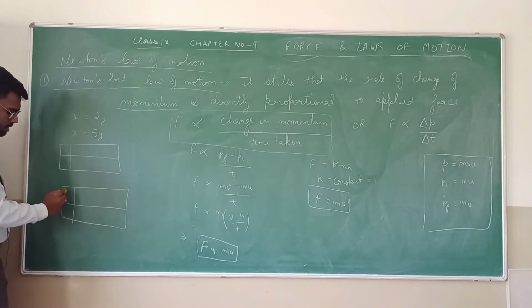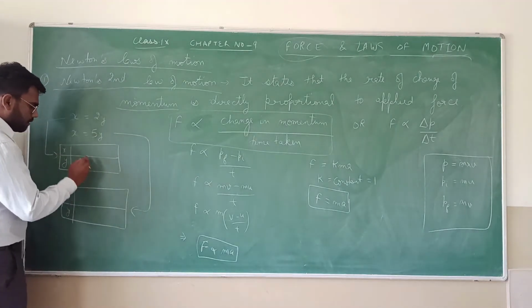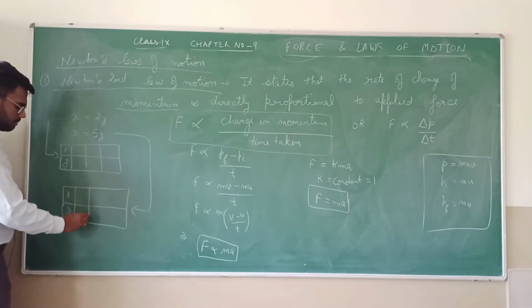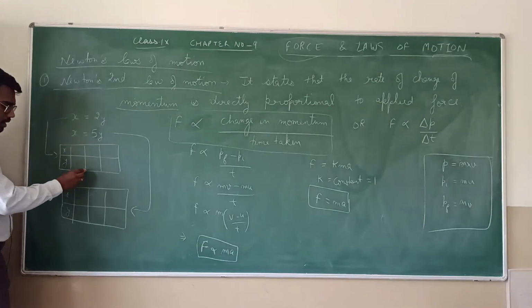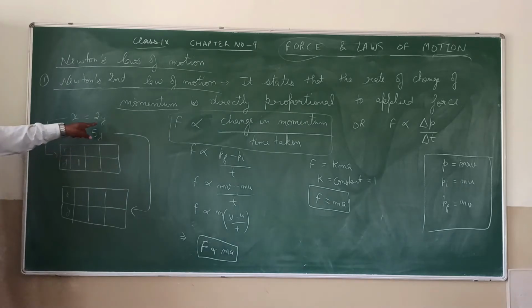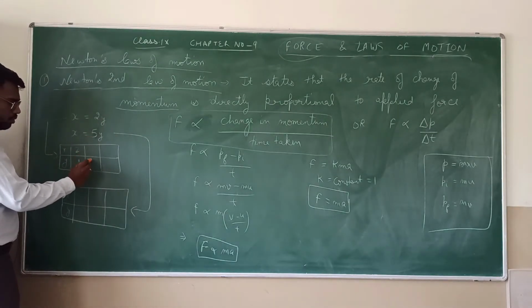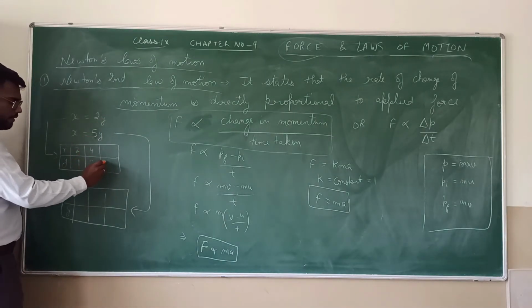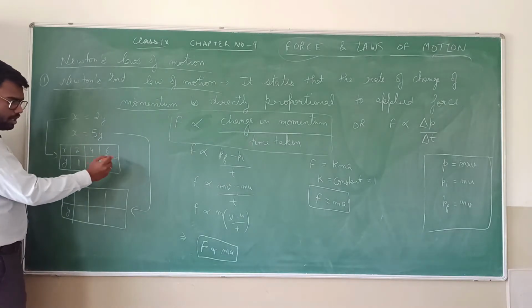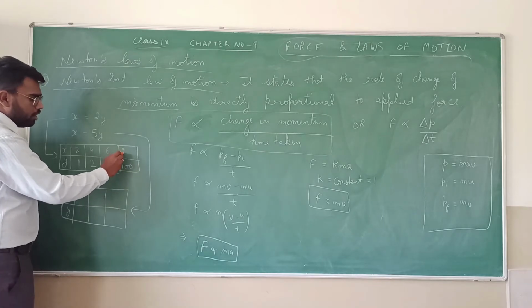Let us find three values. If I replace y with 1, what will be the value of x? 2 into 1, that is 2. If y is 2, it will become 4. If y is 3, it will become 6. If y is 4, it becomes 8. If y is 100, it becomes 200.